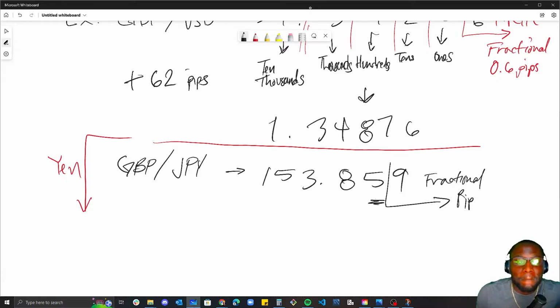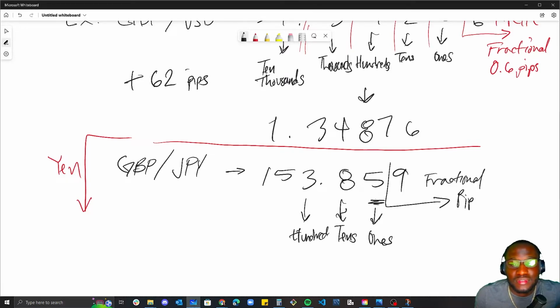So we can say this is definitely the ones, this is the tens, and yes, the hundreds. And then you have here the thousands, and then 10,000.